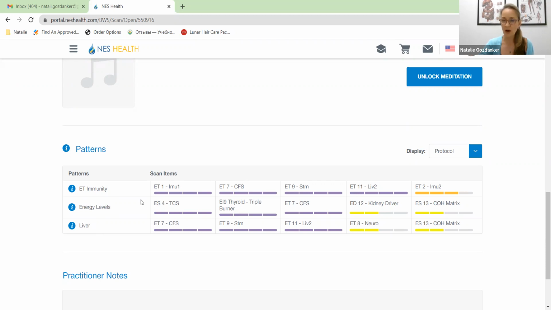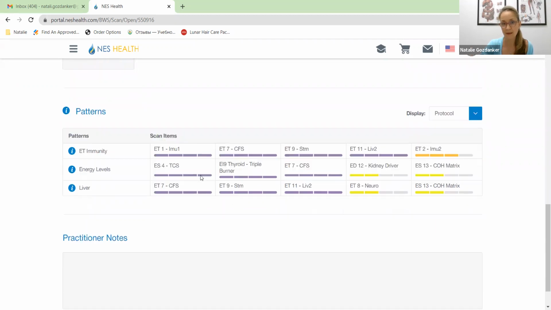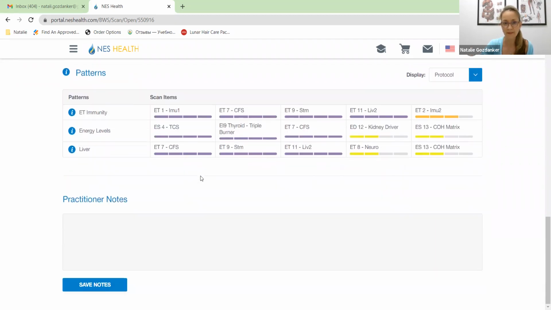So then we know how to sort of reroute the protocol towards your specific goals, okay? So a lot of people ask me, who would benefit the most from that?